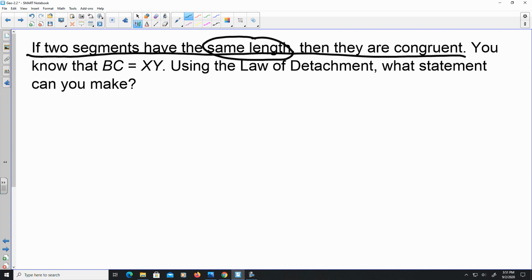So since they've already given you something about the length, now we're going to use something about them being congruent. So if the segments are the same length, we can say that they're congruent. So we can now also say that BC is congruent to XY because the law of detachment allows us to make that conclusion.